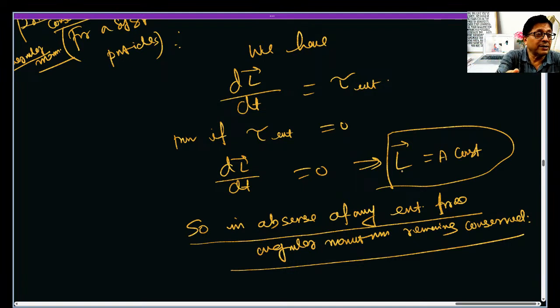Next session we will be discussing rigid body. Particle to system of particles we have done in this session. Next session we will be doing it for a rigid body, the most interesting part of rotational dynamics. I have shown you how to follow the steps for one particle, then for a system of particles. Whatever is valid for one particle is true for a system of particles.